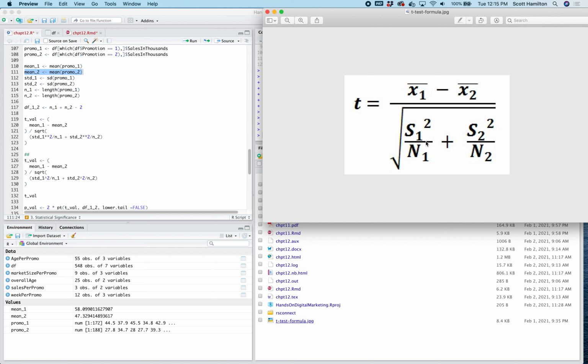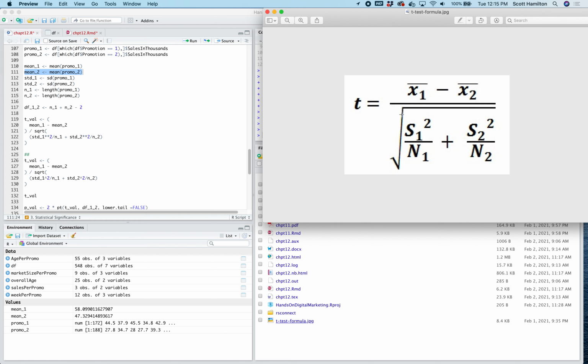Showing you this equation here and this equation that he's built up, we can see that this is the same equation here, and I'll walk you through the actual code. So t-value, t right here, equals what's about to come here. So we start our parentheses. We have mean 1, which we created with the mean. So that's this one right here, minus mean 2, which is that one right there. Close parentheses, divided by square root, SQRT, it's a square root.